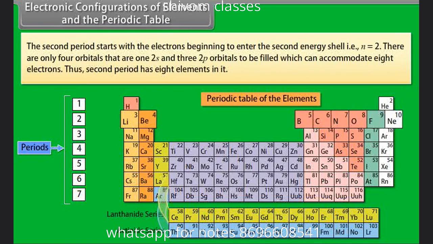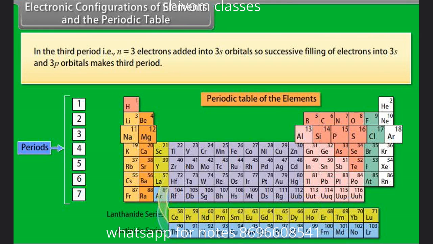The second period starts with electrons beginning to enter the second energy shell, n equals 2. There are only 4 orbitals, one 2s and three 2p orbitals, to be filled, which can accommodate 8 electrons. Thus, the second period has 8 elements in it.